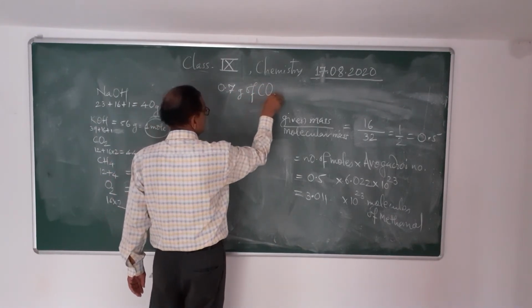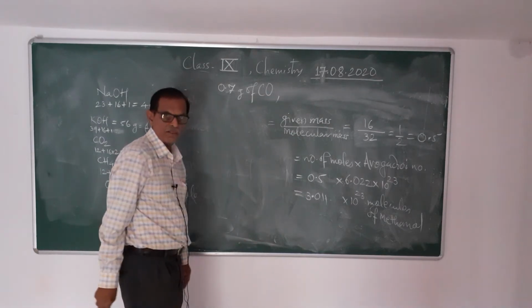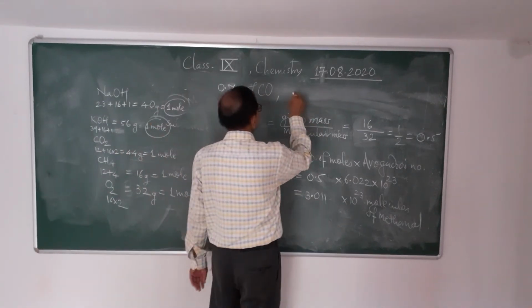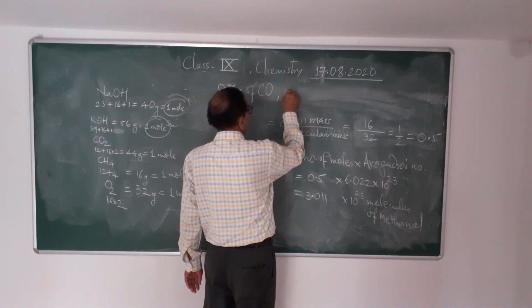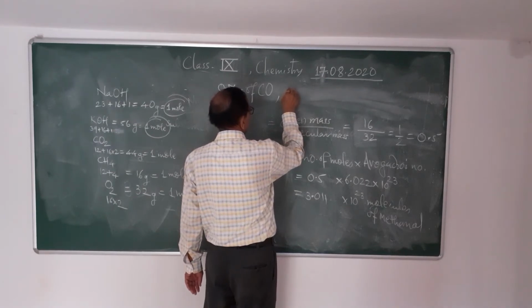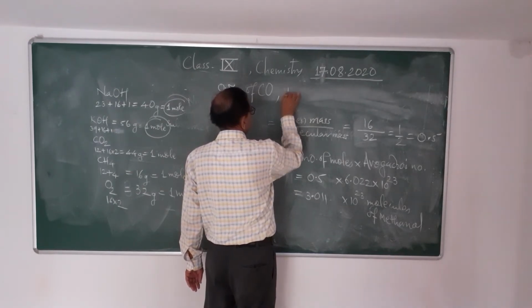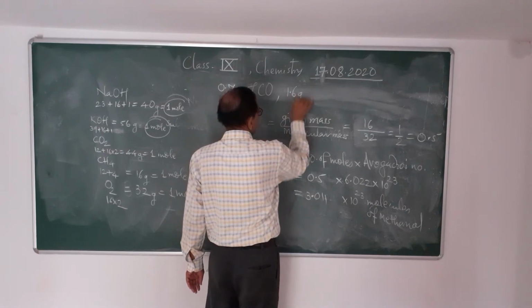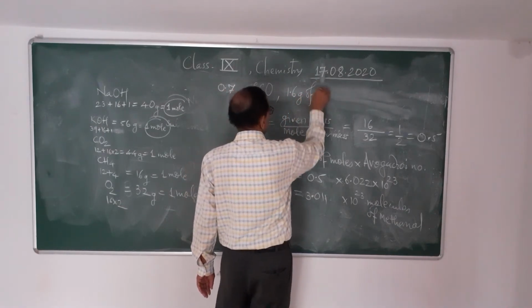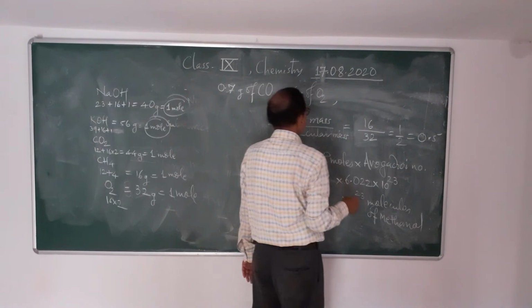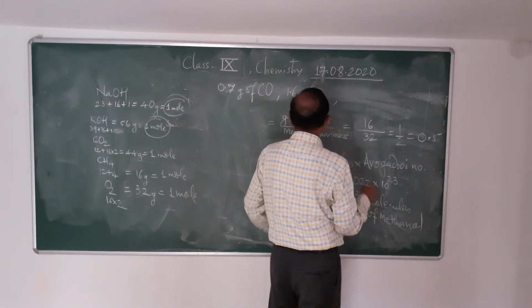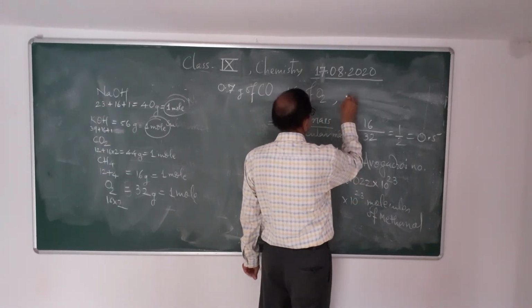Then you can calculate for oxygen, for example 1.6 gram of oxygen.